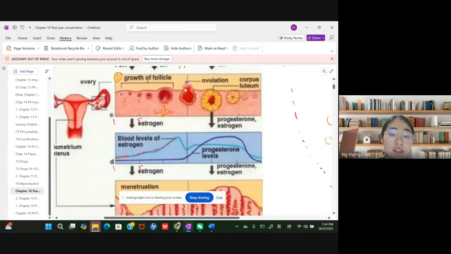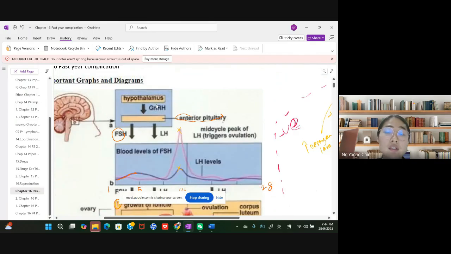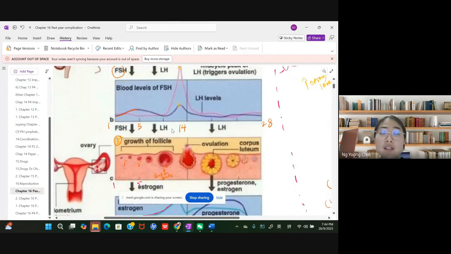After that, when the estrogen level becomes very high, it causes the positive feedback to the hypothalamus, so it produces more GnRH. More GnRH stimulates the anterior pituitary gland to increase the production of FSH and LH. So this is the curve between day 5 to 14, here and here.